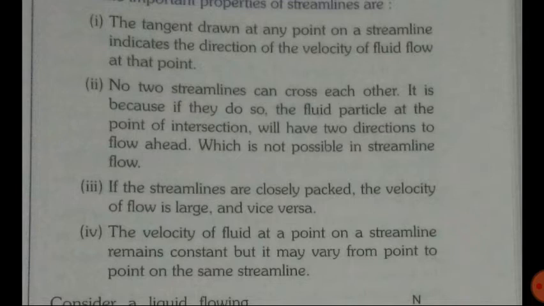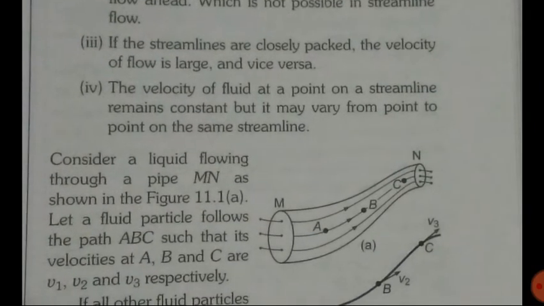When two streamlines cross each other, at the intersecting point we will have two directions of tangent, that means two directions of velocity, which is not possible. For one point, the direction of velocity is one only. That's why two streamlines never cross each other.